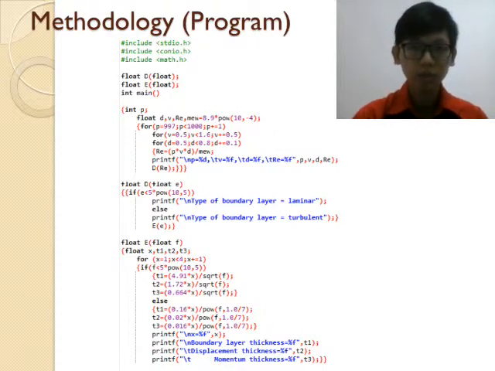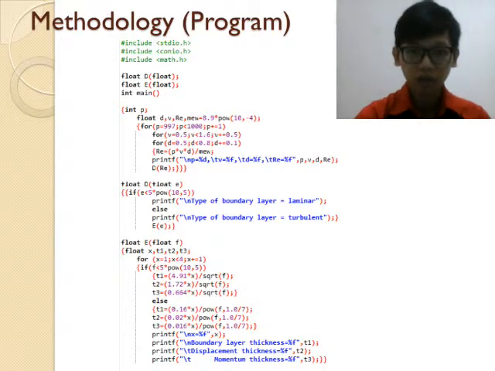For the main function, there are a total of 3 for loops. In the 3 for loops, we vary the density, velocity, and diameter. Then the Reynolds number is calculated based on the 3 parameters above.